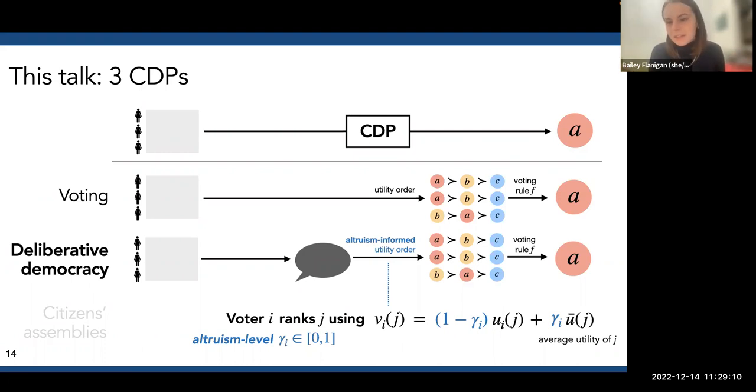But the other thing I want to say is that our results will be pretty robust in a lot of different ways, really, because what is happening here is not very complicated. As people tend to account for other people's interests more, they're promoting alternatives in their rankings that are better for the population at large.